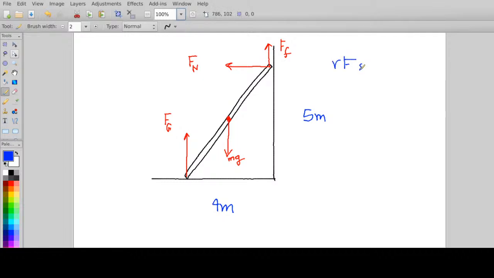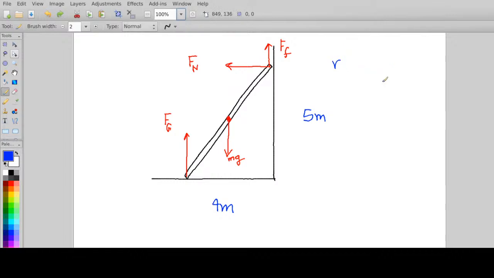To get RF sine theta, you have to find R, and you're going to have to measure with respect to some axis of rotation. So you have to know where the forces are acting so that you can measure R from the axis to where the force acts.